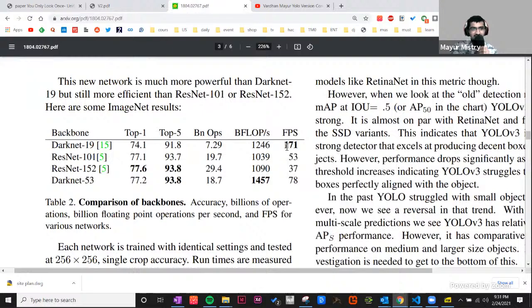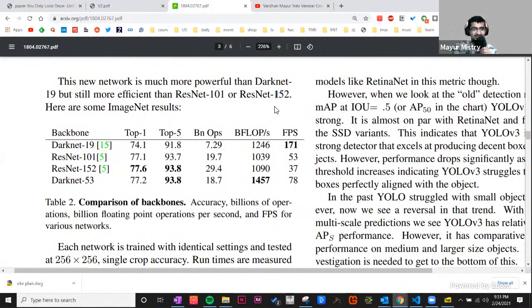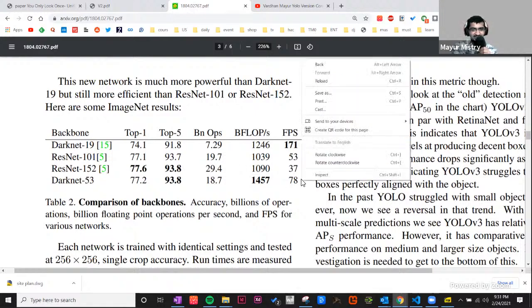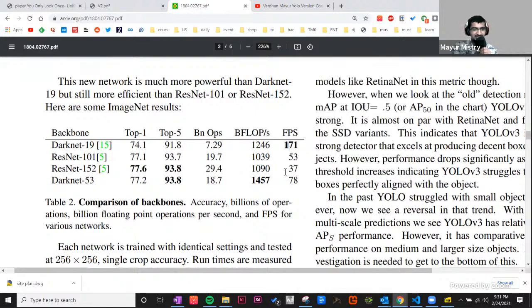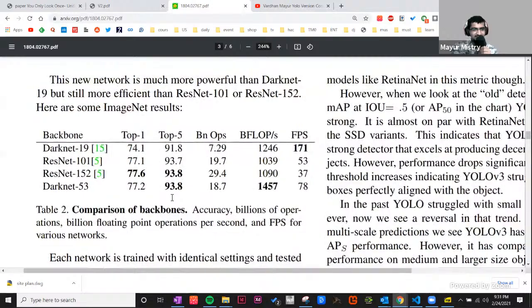Is it faster than V2? I was reading an article and they said clearly that V2 is faster than V3, and you can see it's 78 FPS versus 171. But accuracy is a bit higher than V2. 74 to 77, not bad.